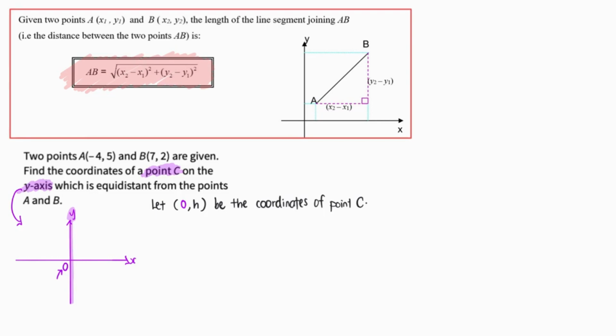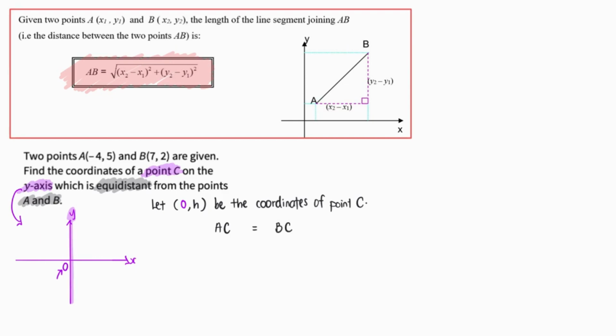Okay, the next piece of information that they give us is that there's an equidistance of this point C from points A and B. This means that AC and BC are the same.